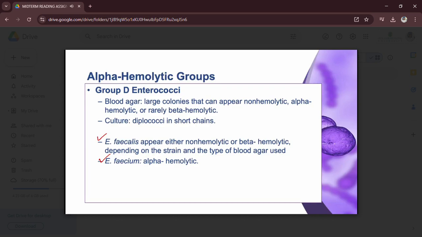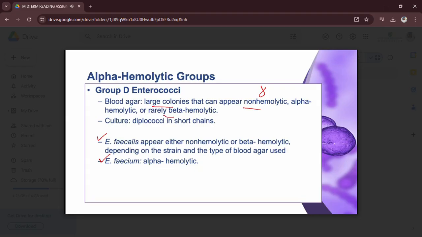The Enterococci do not possess many virulence factors. They are important pathogens in hospitalized patients, where they can cause UTI, or urinary tract infection, even bacteremia and endocarditis. On the blood agar plate, they have very large colonies. They can appear non-hemolytic or gamma, and can also be alpha hemolytic or rarely beta hemolytic.